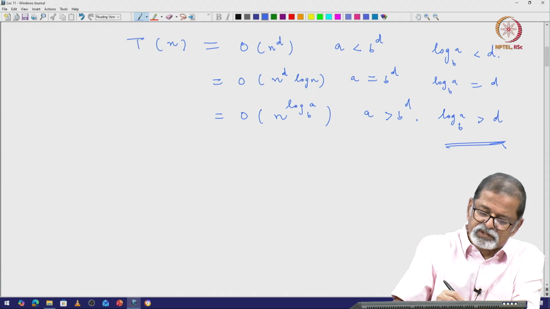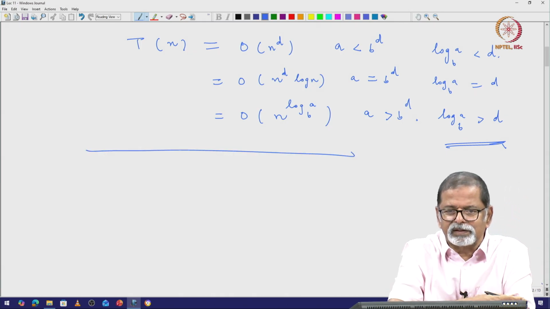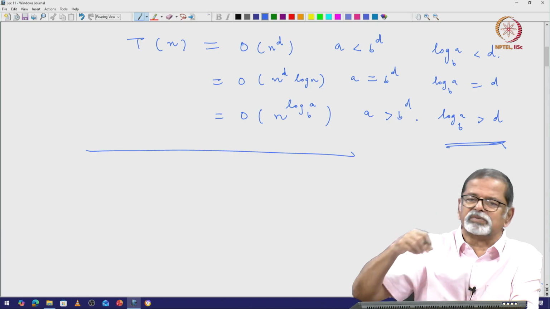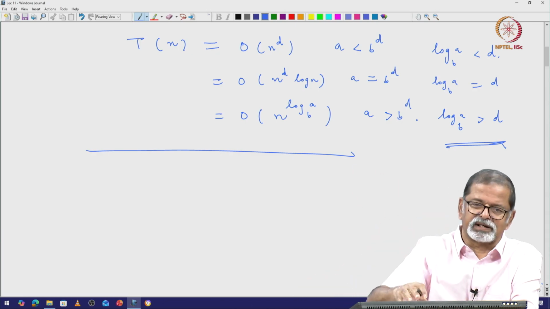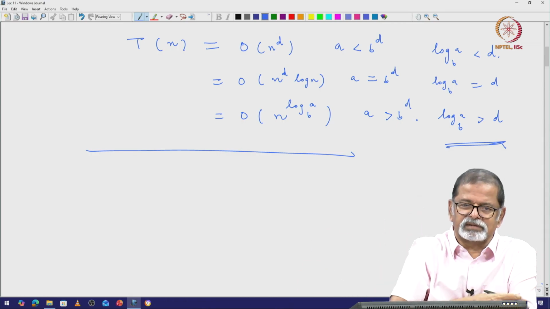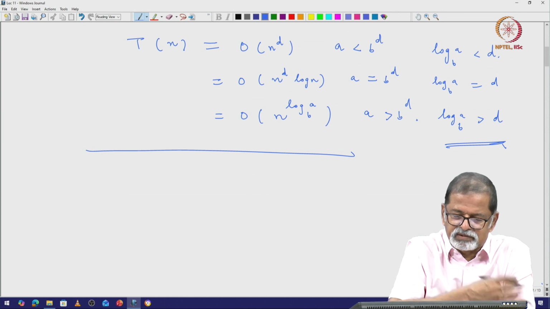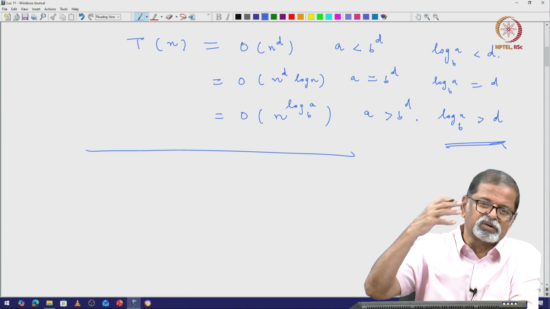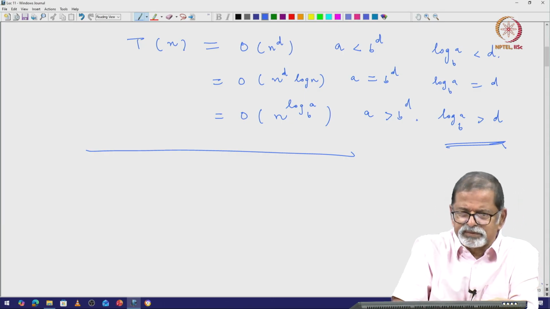Therefore we will use this, we do not have to do the algebra every time to derive the solution. Once and for all, for the general case the algebra was done, and then we have this master theorem. There are several master theorems. We are going to see some more complex master theorems later. It's a very simple one.